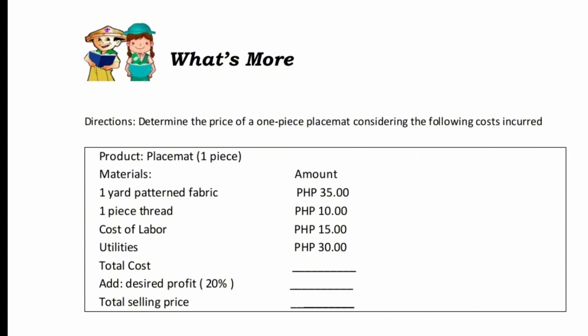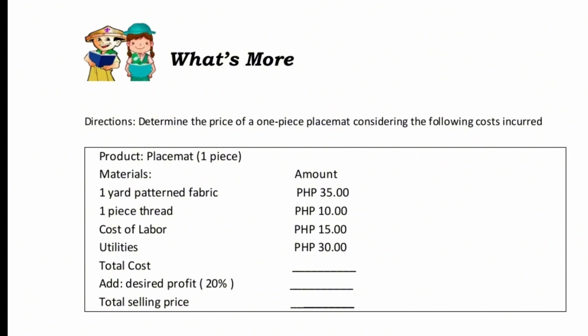The objective of this activity is to determine the total cost of producing a one-piece placemat, including the materials, labor, utilities, and desired profit. Additionally, it aims to explain the importance of recording daily sales and expenses transactions.